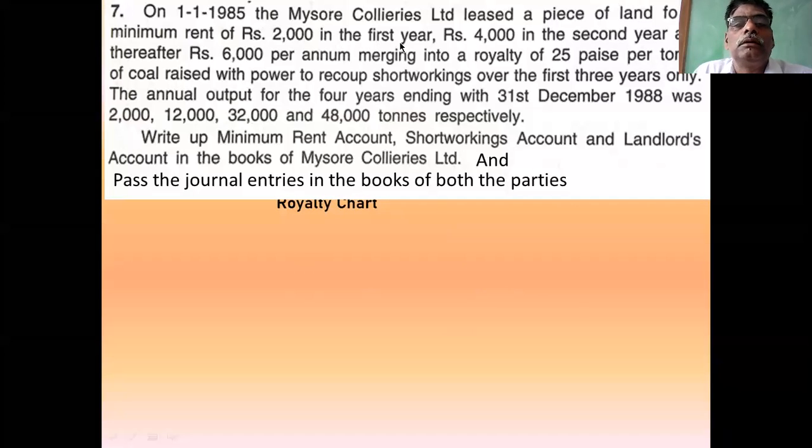Okay, there is a slight change in this problem. Mysore Galleries, means they are the lessee, leased a piece of land for a minimum rent of rupees 2000 in the first year. Second year the minimum rent is 4000, and thereafter 6000 per annum.